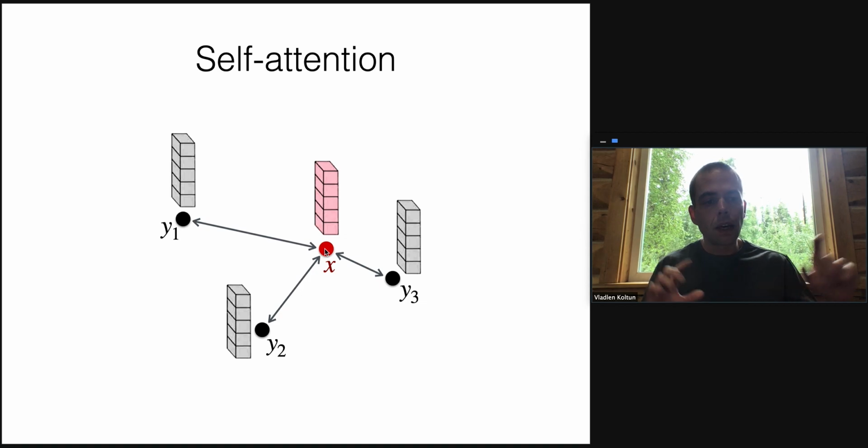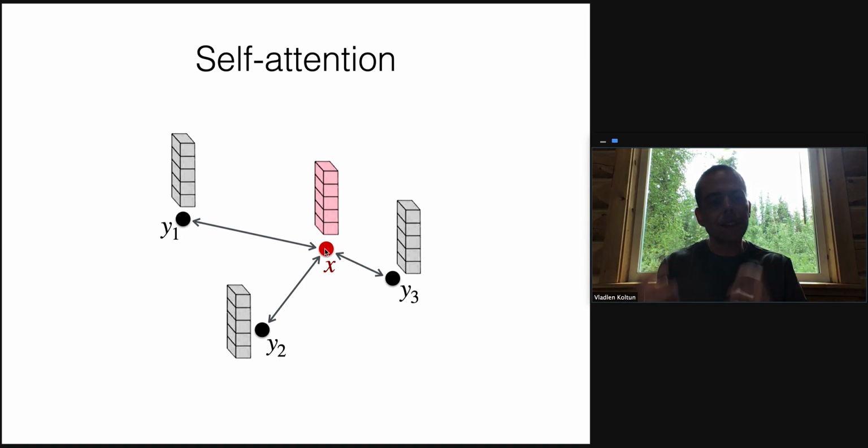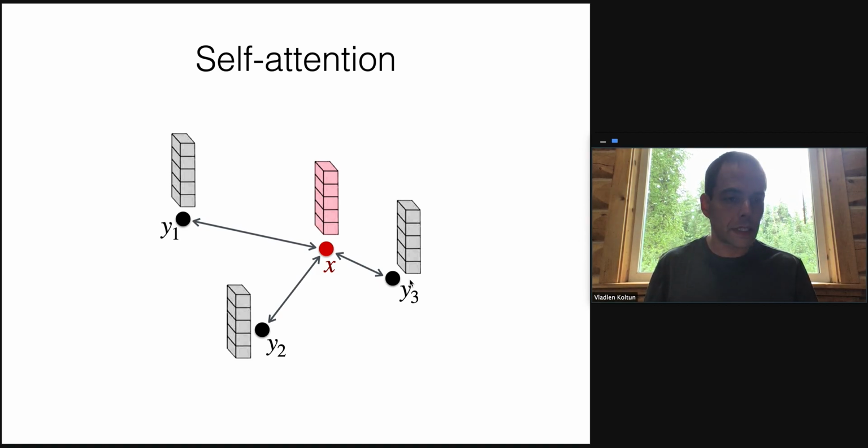Note that there are two kinds of features here. One is the metric space in which the data points live and at which the distances are evaluated. That is one kind of feature space. Another feature space is the features that each data point carries, the features that are actually aggregated. Those don't have to be the same.